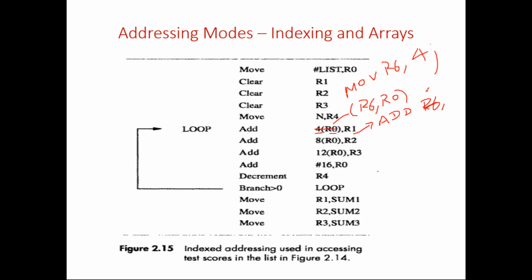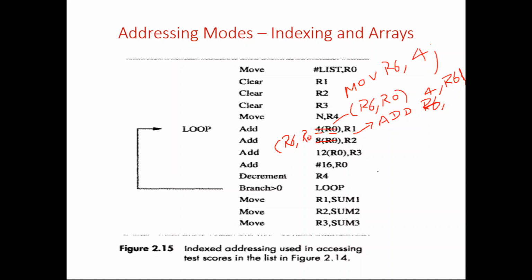Our result goes to the right hand side in these programs. Add 4 comma R6: it will add 4 with the content of R6, and the result will be stored in R6. Already R6 contains 4, so now R6 will become 8. Then this instruction you can also change: instead of 8 comma R0, you can say R6 comma R0.